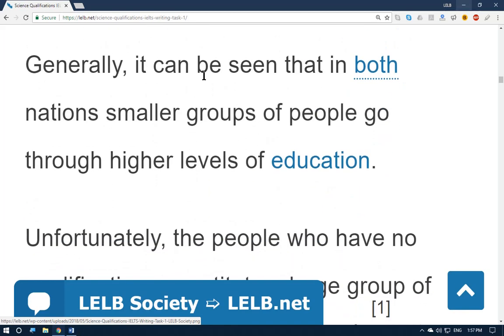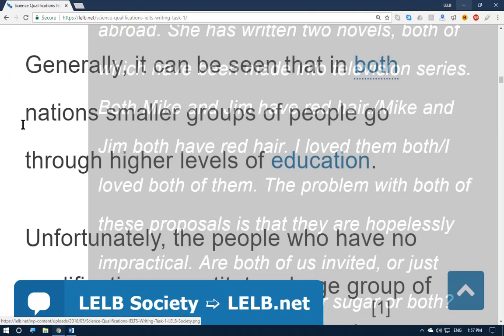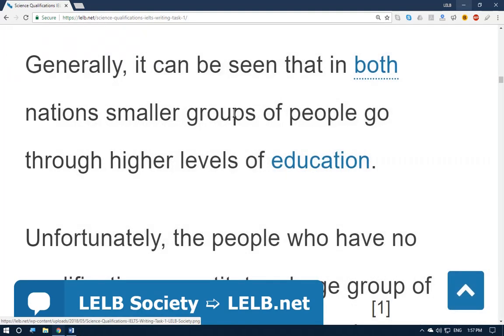Generally it can be seen that in both nations, smaller groups of people go through higher levels of education. Yeah, that is true. Just a small proportion of the whole population is highly educated. I mean, they have master's degrees, but the main part of the whole population don't have any science qualifications. That is true.